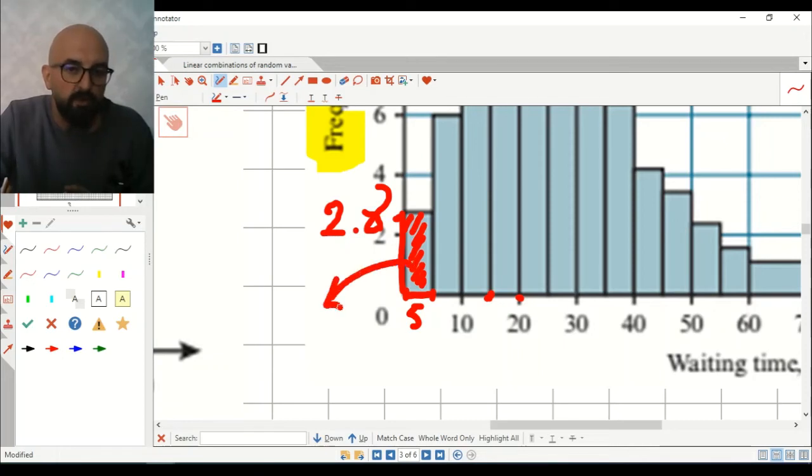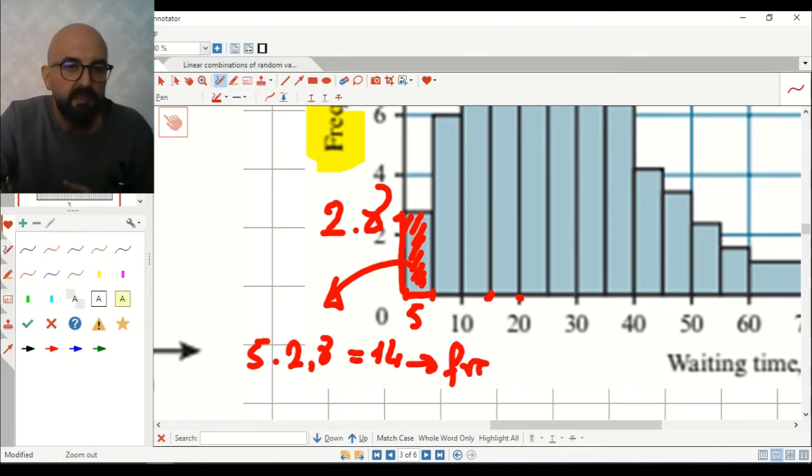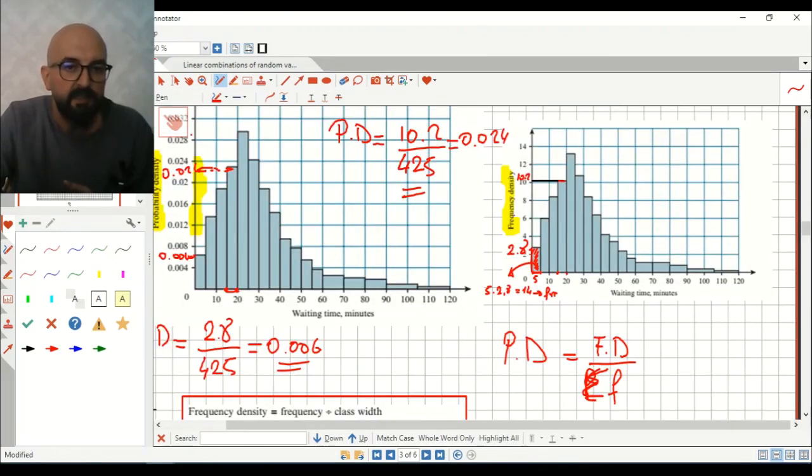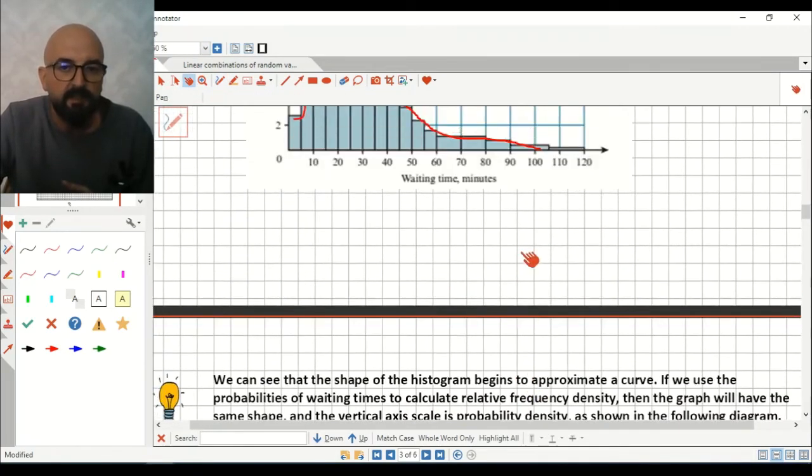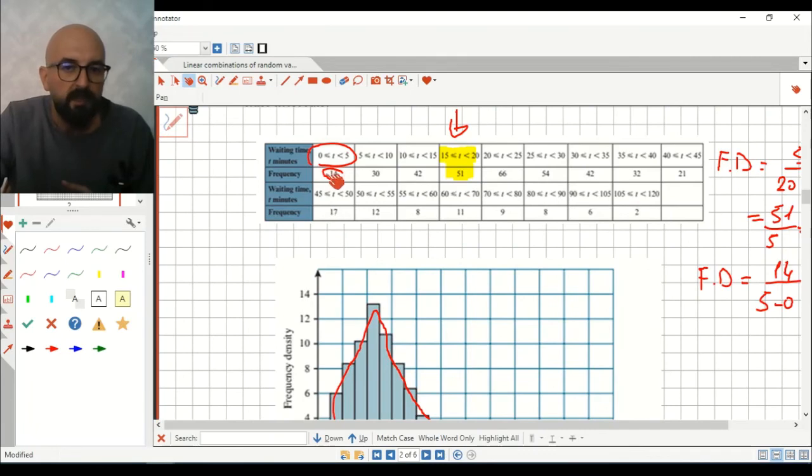If you find this area, 5 multiplied by 2.8, it becomes 14. 14 gives you the frequency. If you look at the table for the first column, your frequency is 14.